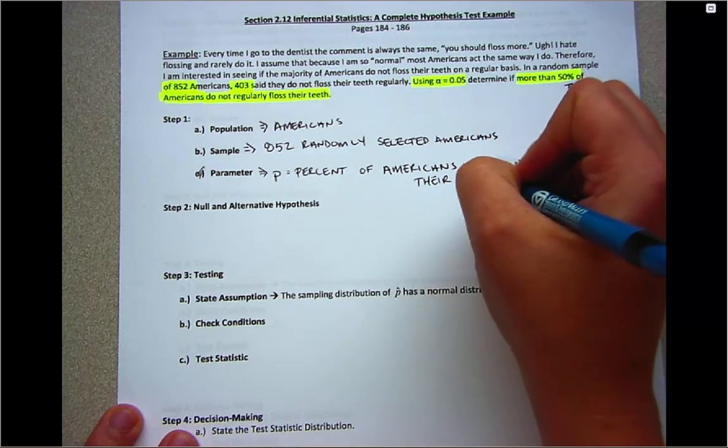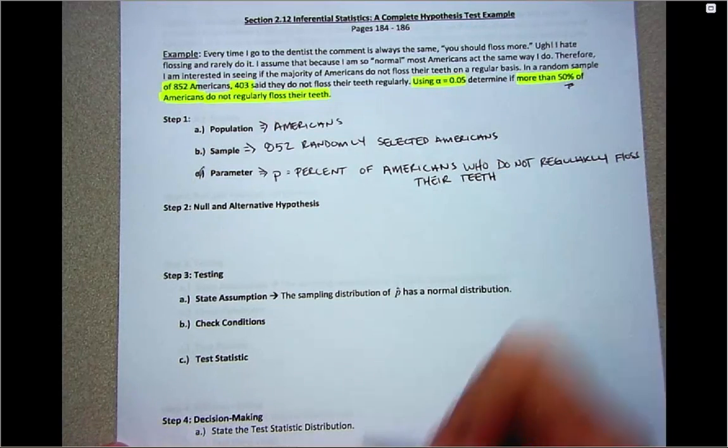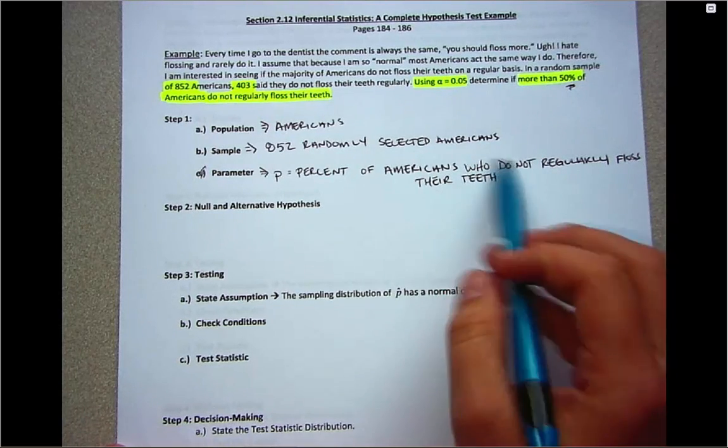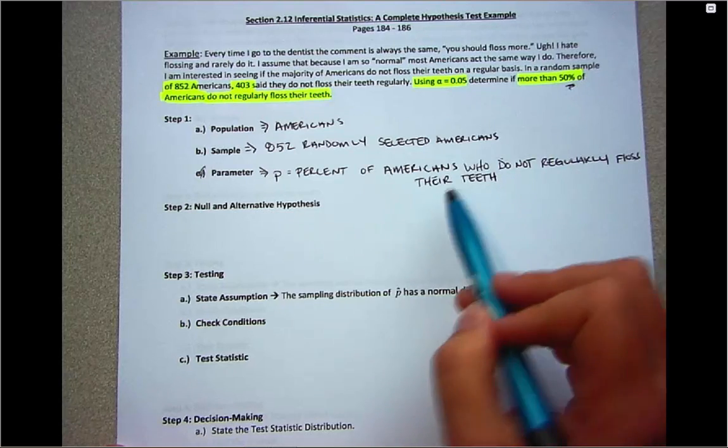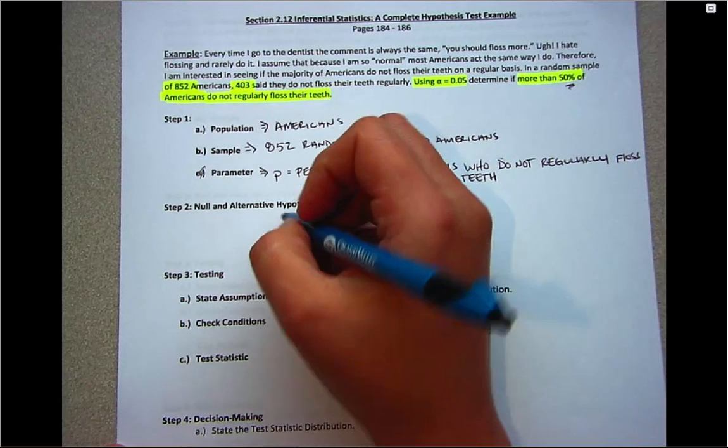Okay, so that will help us to make our interpretation or inference at the end, and this also helps us to know what we set our sights on for the rest of the hypothesis test.